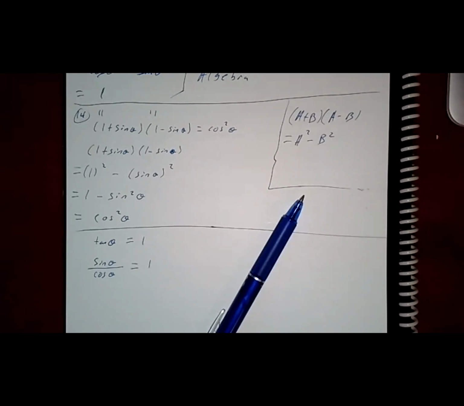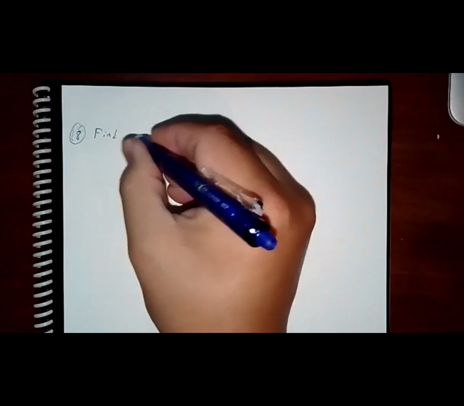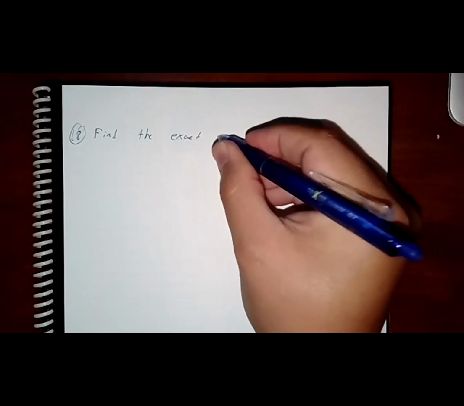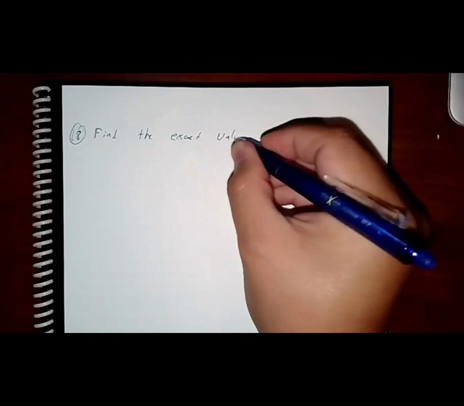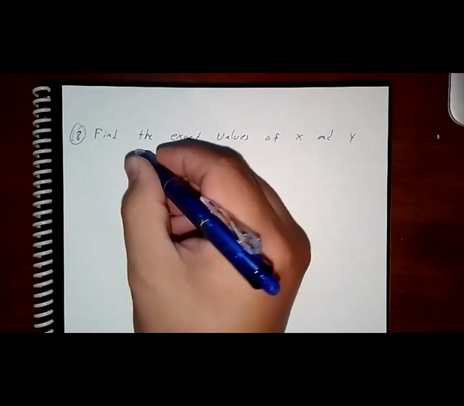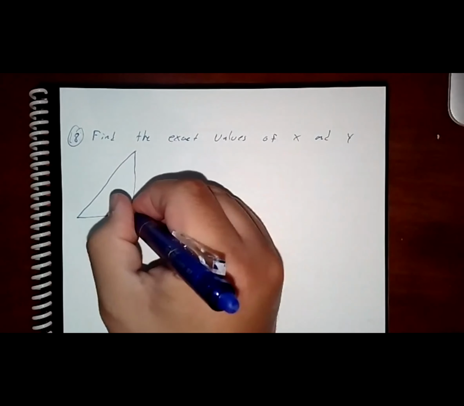Let's do 18. Find the exact values of X and Y. So they give us a triangle missing both sides.